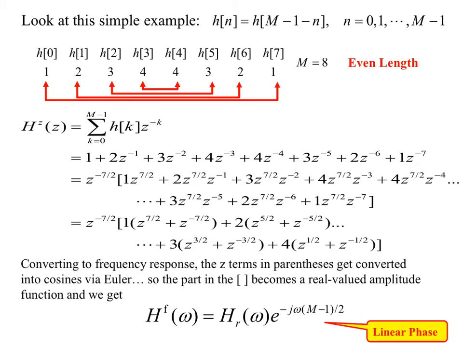So we're going to take the example of the positive sign there, so the so-called symmetric, not anti-symmetric, and we'll look at a case with even length. And so let's assume that h0 is equal to 1, h1 is 2, 3, 4. Now we need to hit the symmetry, and now we go down 4, 3, 2, 1.